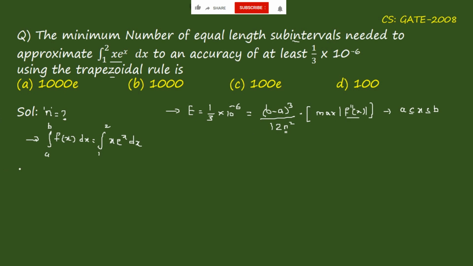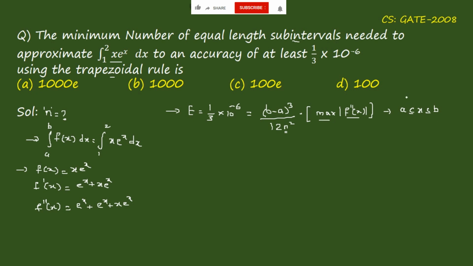Here f(x) is equal to x into e power x. Then f dash of x is equal to e power x plus x into e power x. Then f double dash of x becomes e power x plus e power x plus x into e power x.